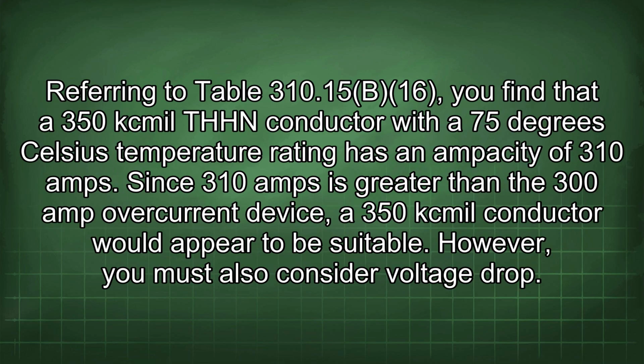Referring to Table 310.15(B)(16), you find that a 350 kcmil THHN conductor with a 75 degrees Celsius temperature rating has an ampacity of 310 amps. Since 310 amps is greater than the 300 amp overcurrent device, a 350 kcmil conductor would appear to be suitable. However, you must also consider voltage drop.